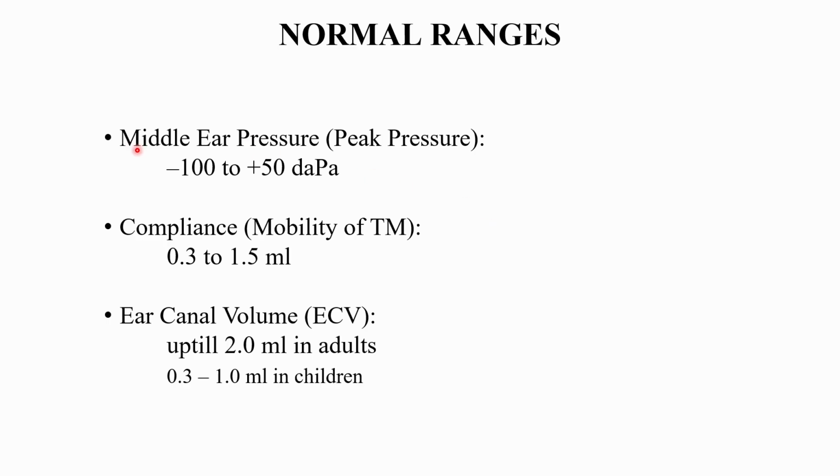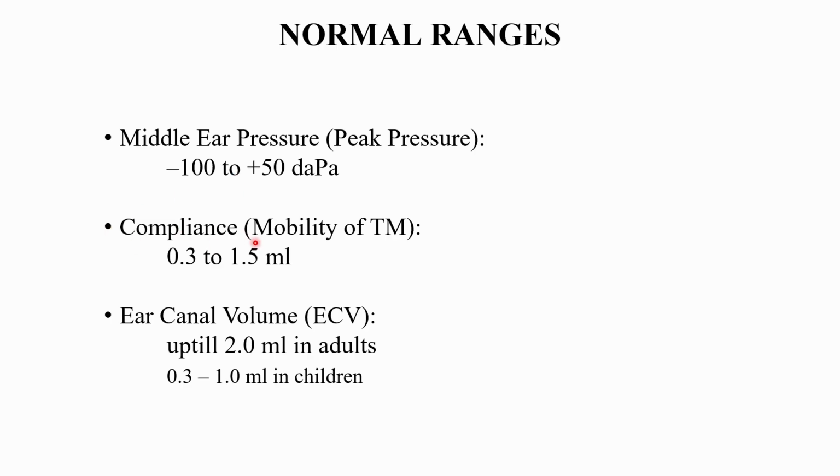The middle ear pressure ranges from plus 50 daPa to minus 100. In some cases even plus 100 to minus 100 is considered normal, but it again depends on the symptoms of the patient as well. But for best concern, plus 50 to minus 100 is the normal value.